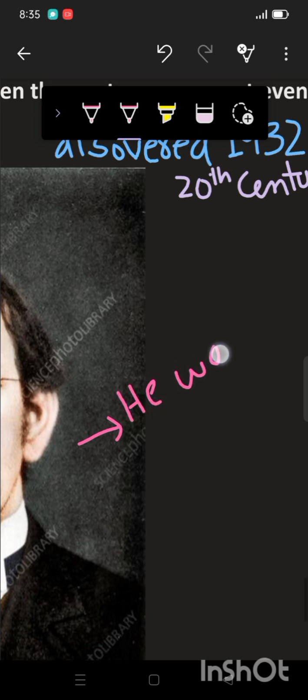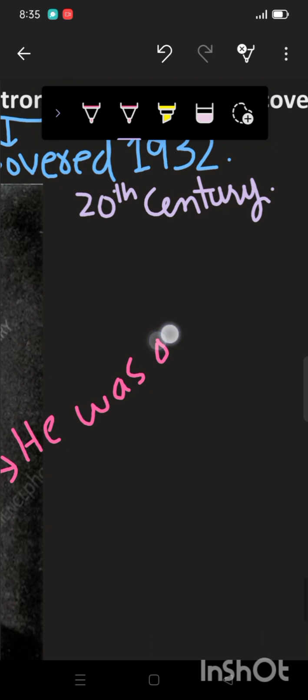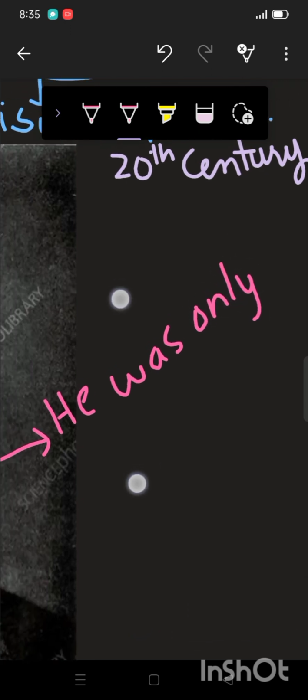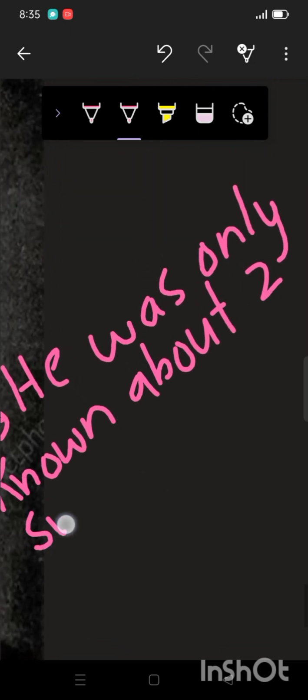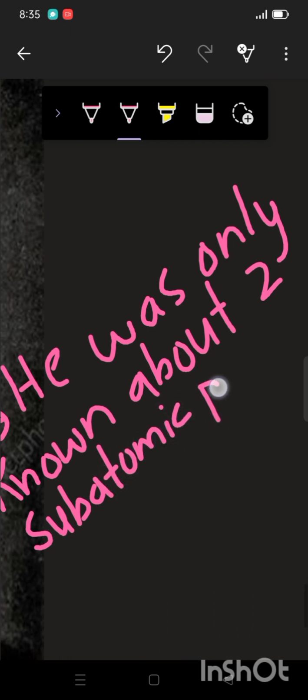He only knew about two subatomic particles, because neutrons were not discovered at that time.